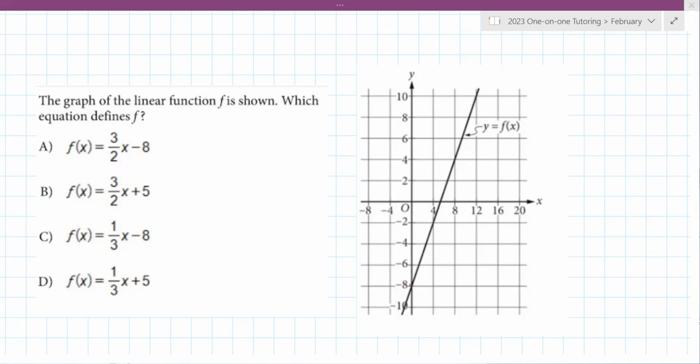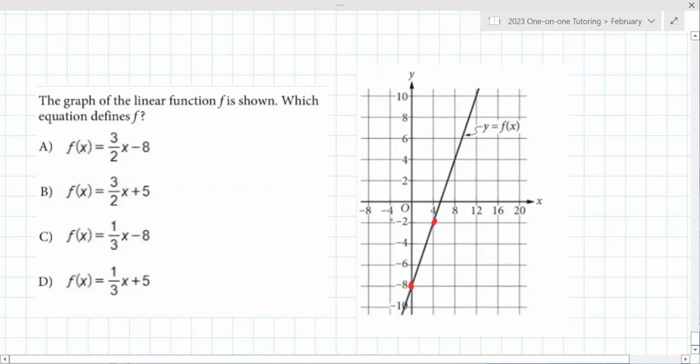I think what you're maybe struggling with is that you're used to just counting, but this time when you count, they're going up by 2. So it's 2, 4, 6. That's your rise. And your run is 4 units this time. Sorry, not 2, 3 halves. So yeah, it's A.